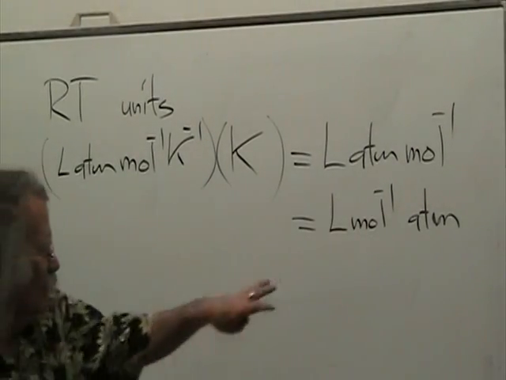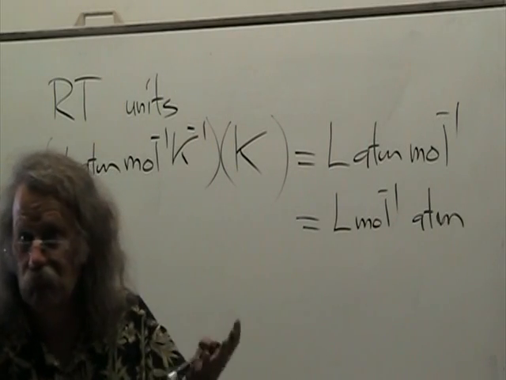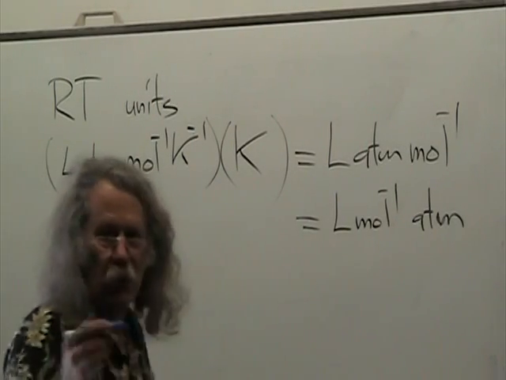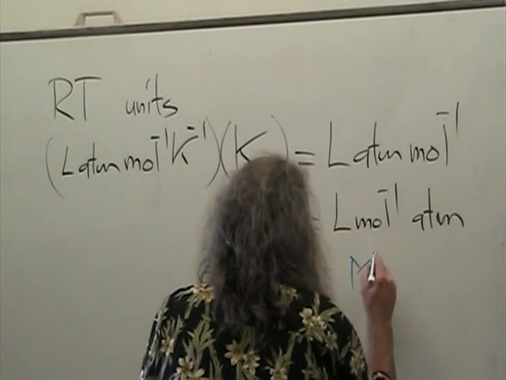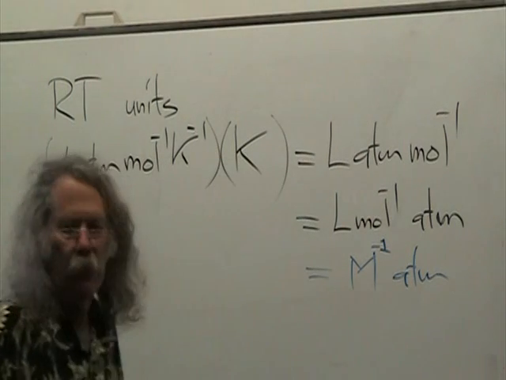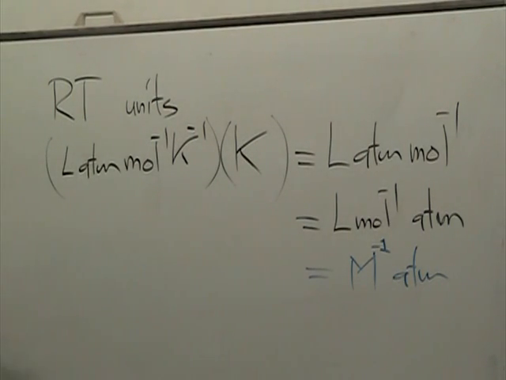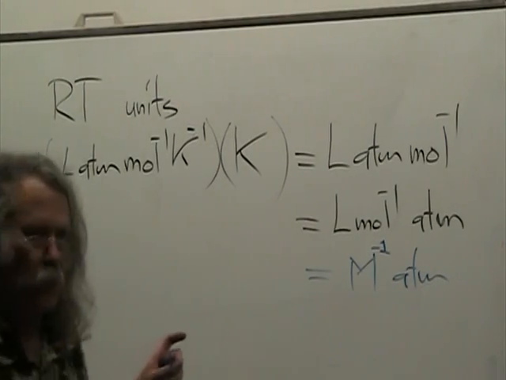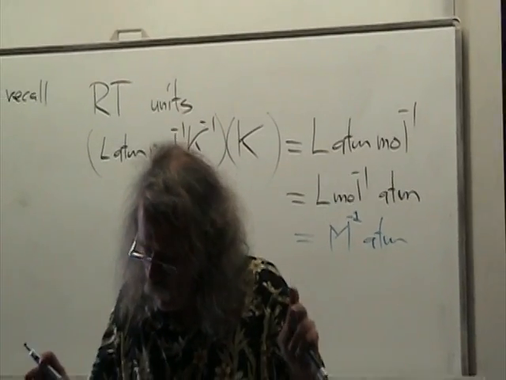Now, liters per mole, is that anything? Molarity. Yeah, that's reciprocal molarity. That's equal to inverse molarity, atmospheres. That's going to provide us with a key for relating something. What were we asked in the question?